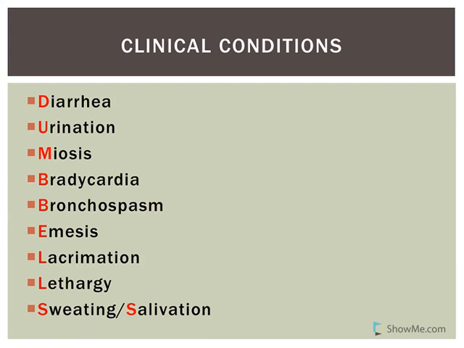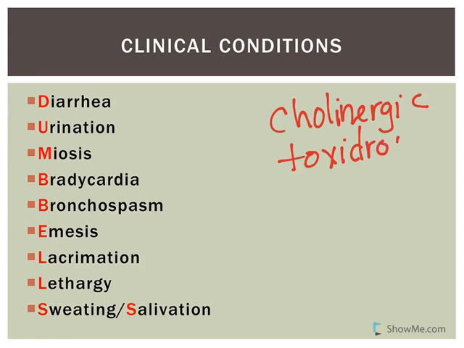Now, one of the things I do want to mention is this clinical condition, and you see this little mnemonic, DUMBBELS. These are signs and symptoms of people with what's referred to as cholinergic syndrome, or you may also hear it as cholinergic toxidrome.